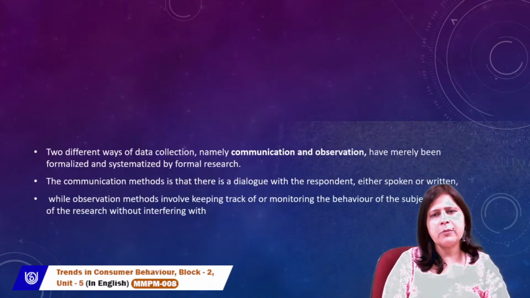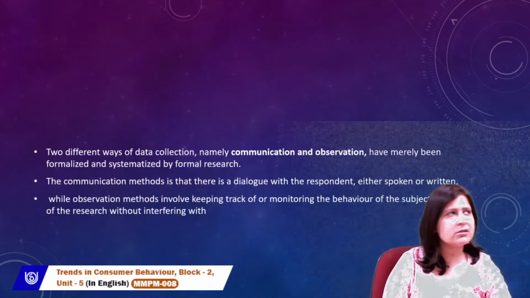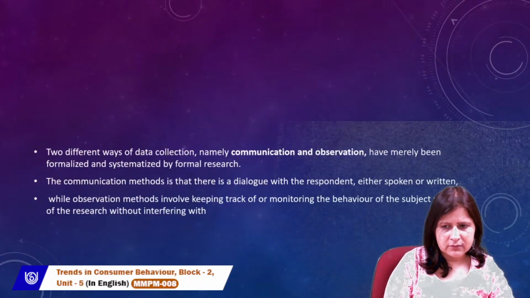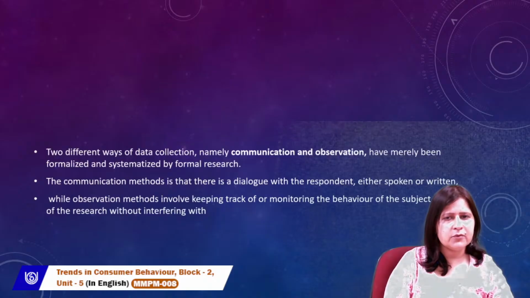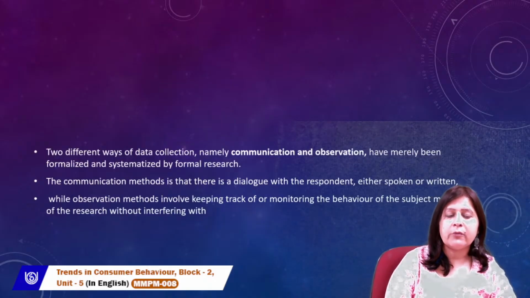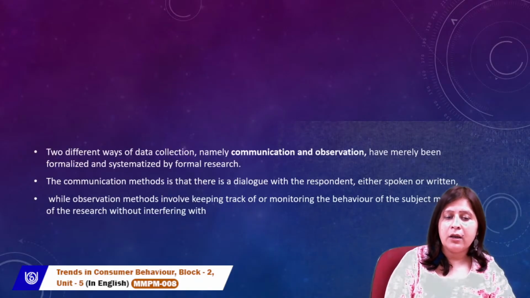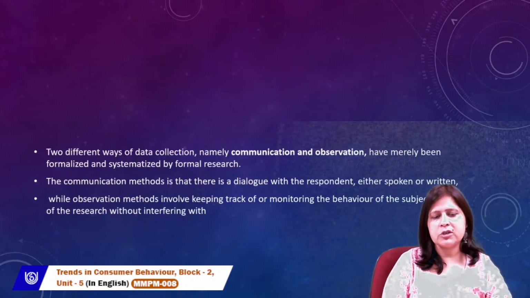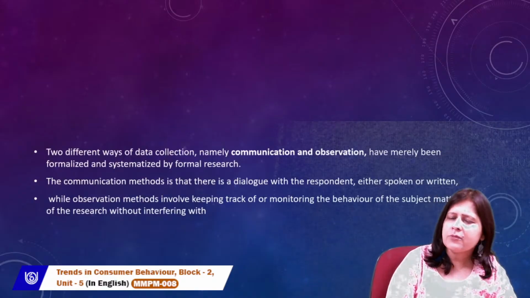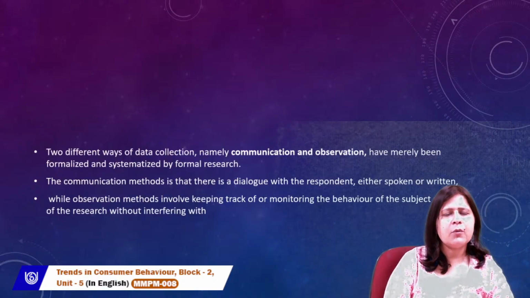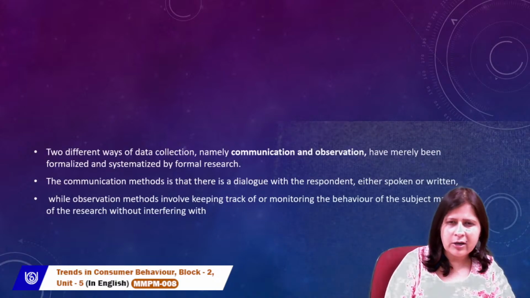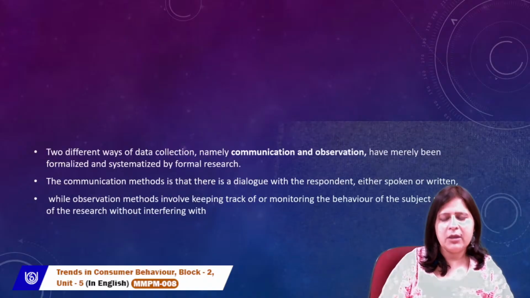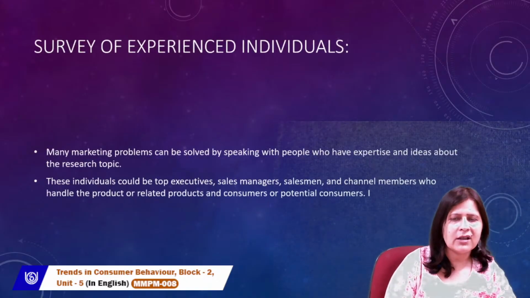Or it could be the spoken type of communication, for example interviews. While the observation method involves keeping track or monitoring the behavior of the subject matter of research without interfering. You are not interfering with the respondent, but you are observing them or monitoring their behavior without any interference. That is the observation method.